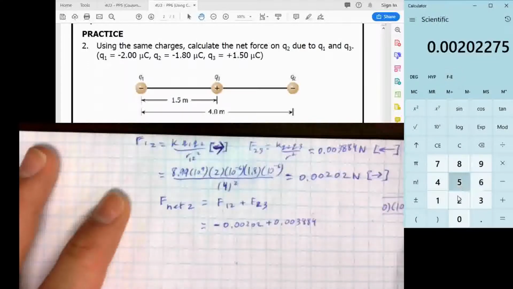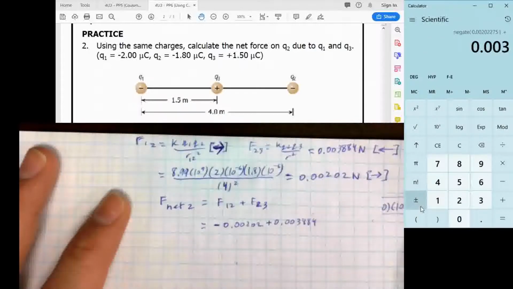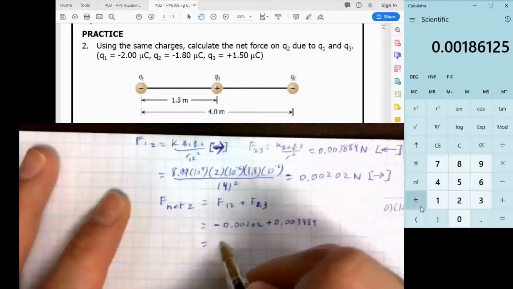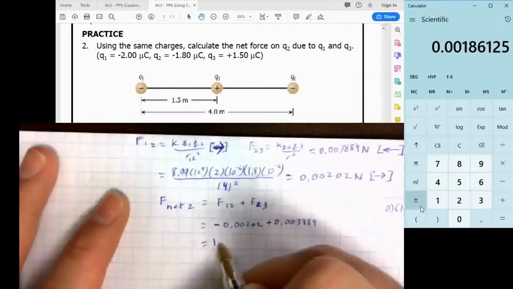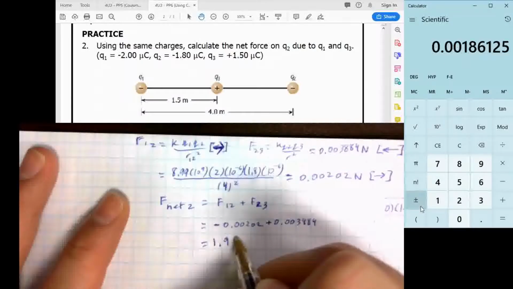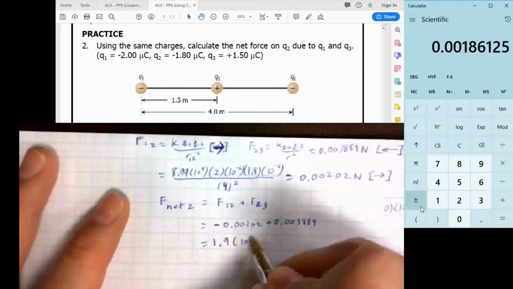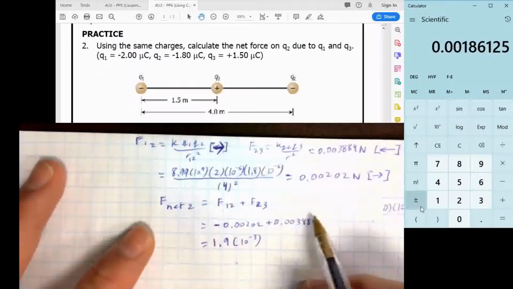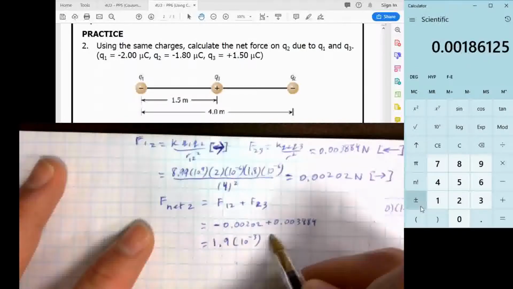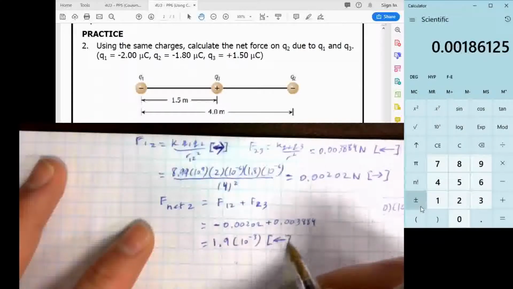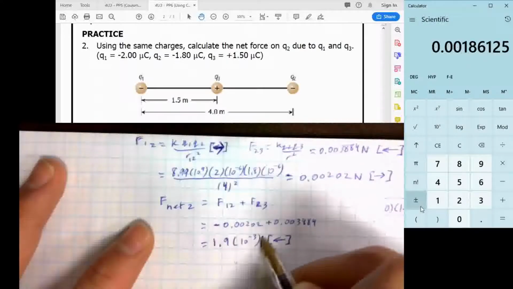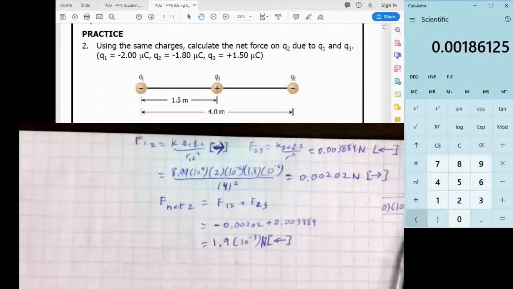So I would negate this and add it to 0.003884. I end up with a value of, rounding for 2 digits, 1.9 times 10 to the negative 3 newtons, and this was going more to the left than to the right. So that would be the solution to this problem.